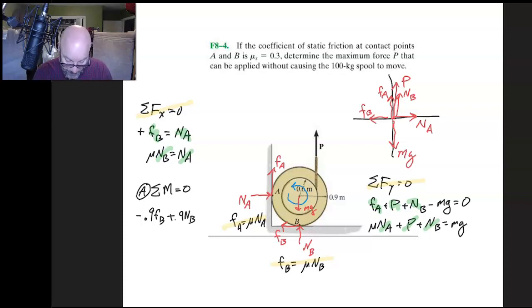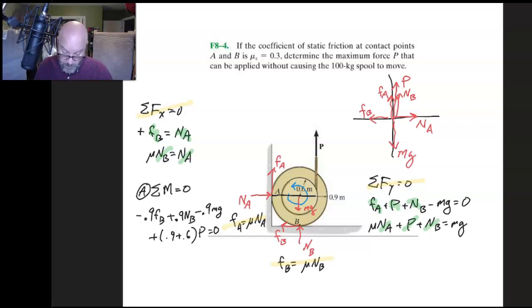The weight is also at a distance of 0.9, so we're going to put minus 0.9 mg. P is a positive moment. To get P, I'm over to the center and then over a little bit more, so it's 0.9 plus 0.6 P, and that's equal to 0.